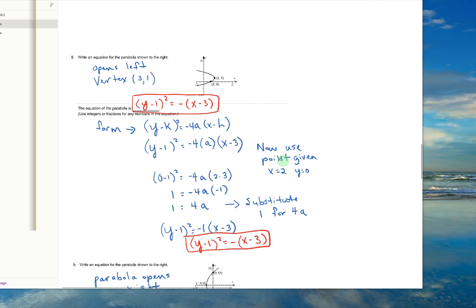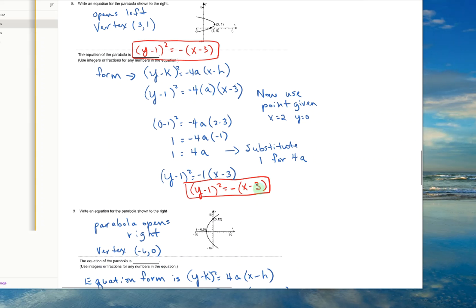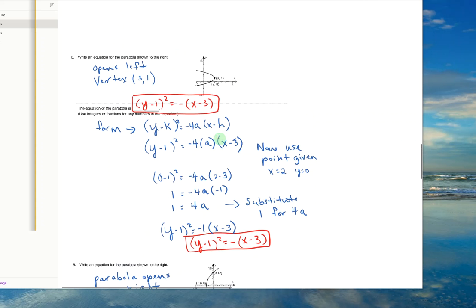Now we'll use the point that's given, (2, 0). So we'll plug in 2 for x and 0 for y. So (0 minus 1) squared is negative 4a times (2 minus 3). We clean that all up, and we end up with 4a equals 1. And we'll substitute 1 in for 4a in this here.